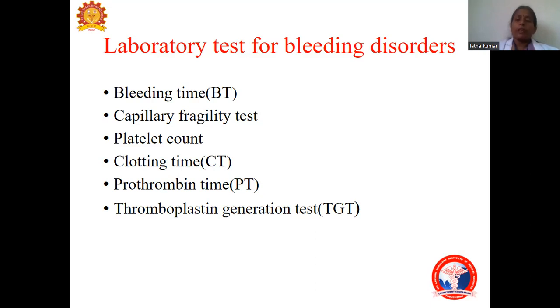In bleeding time, we puncture the skin and start the timer. Every 30 seconds, we place a drop of blood on filter paper till the bleeding stops. We then count the number of drops and multiply by half, which gives the bleeding time. The normal bleeding time is 1 to 5 minutes, and the clotting time is 2 to 8 minutes.